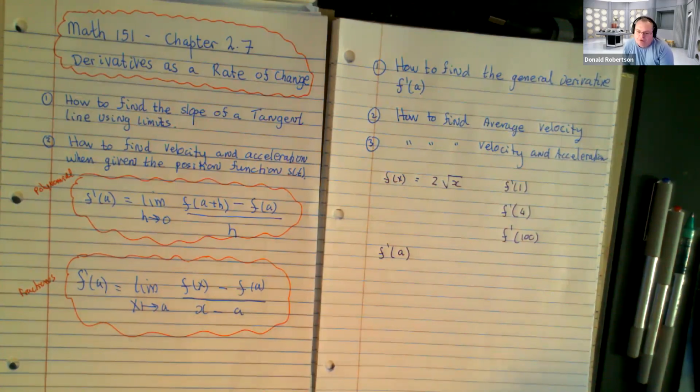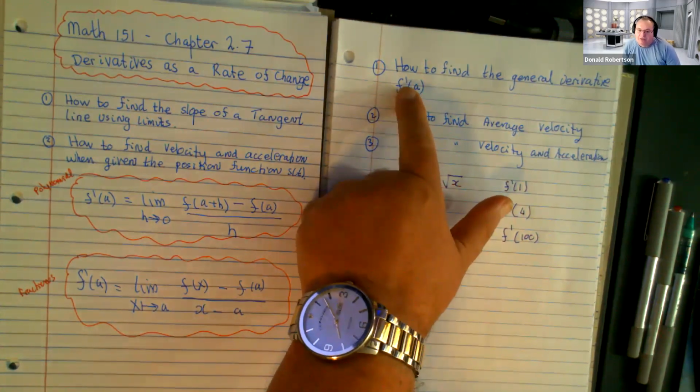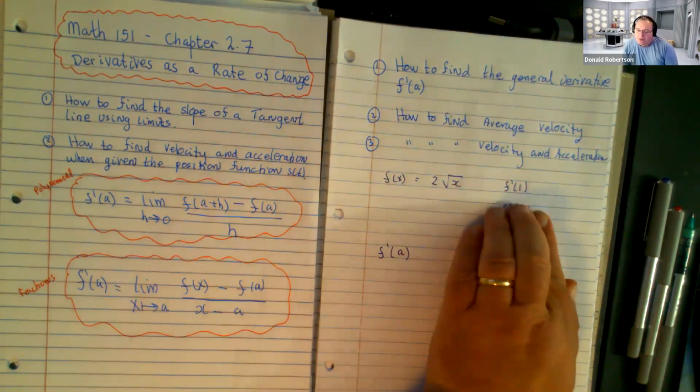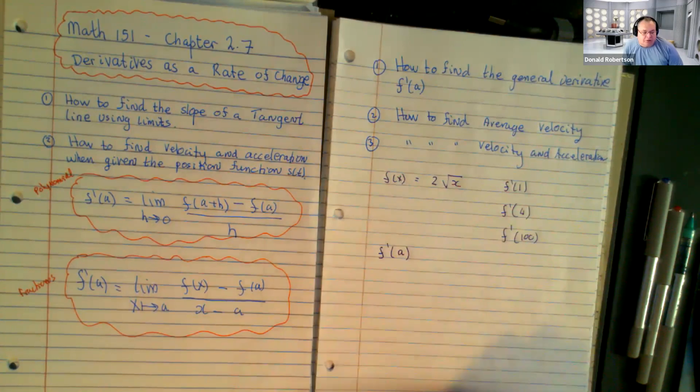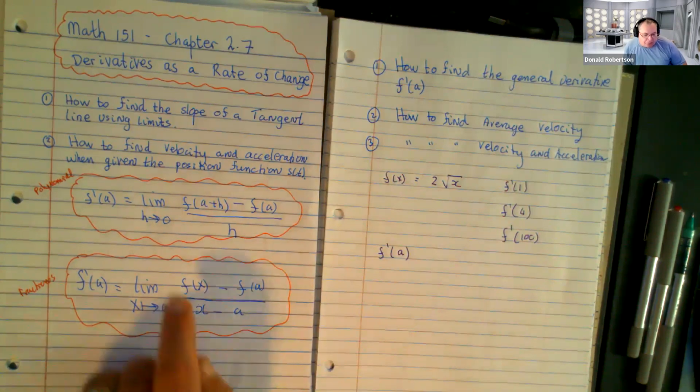So that's the motivation behind why I would want to find a general derivative f'(a), rather than one with a specific number inside of it. The good news is that the method is pretty much yesterday's. A little bit less numbers, a little bit more letters. That's the only difference.